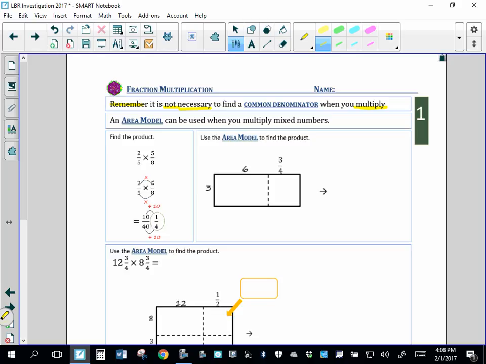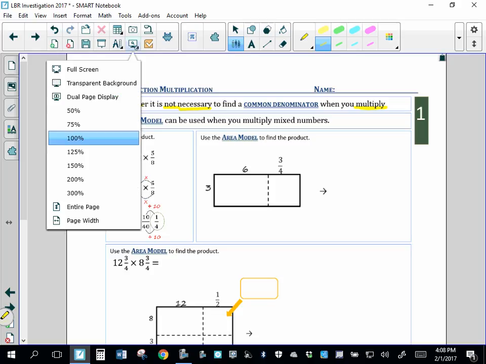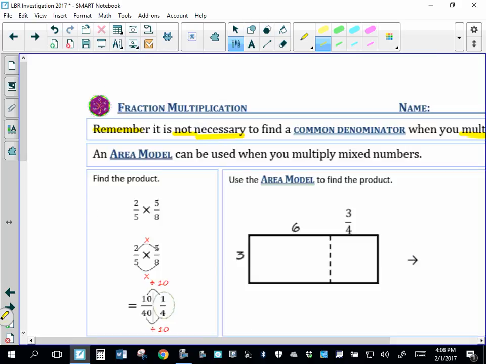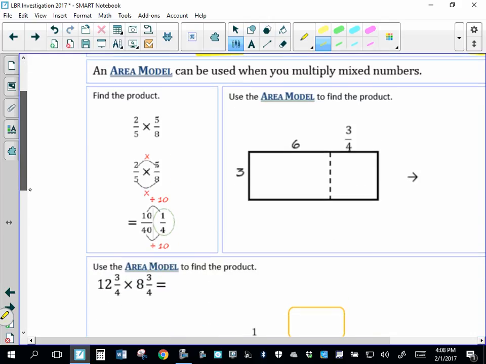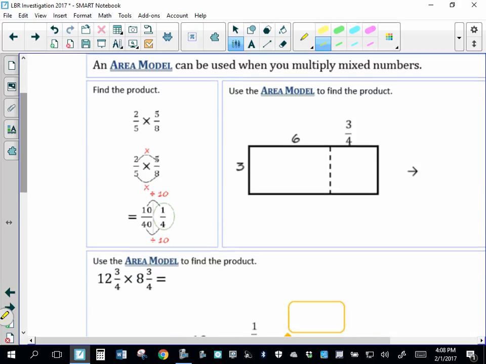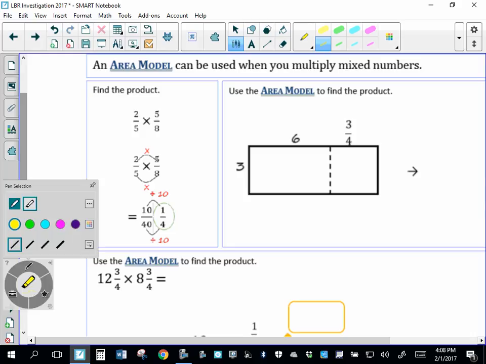Before we did the note catcher, we did a lot of visual models of multiplication, and we focused primarily on reviewing simple fraction multiplication. Simple fraction multiplication is what we see here on the left, where you don't have mixed numbers.